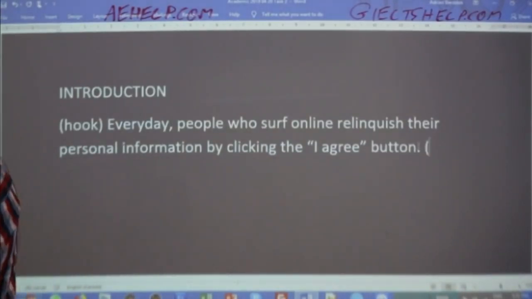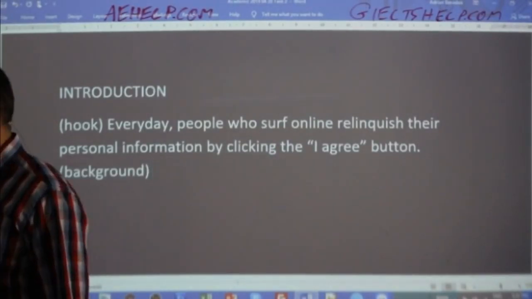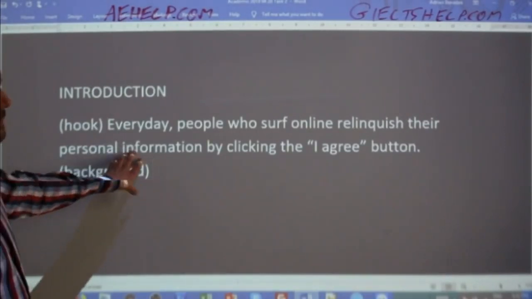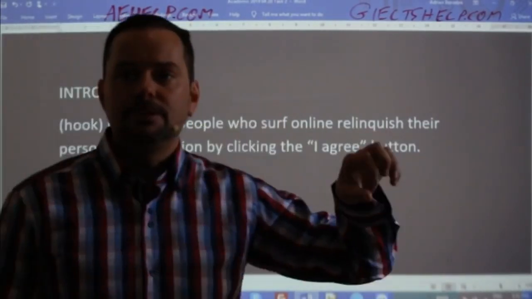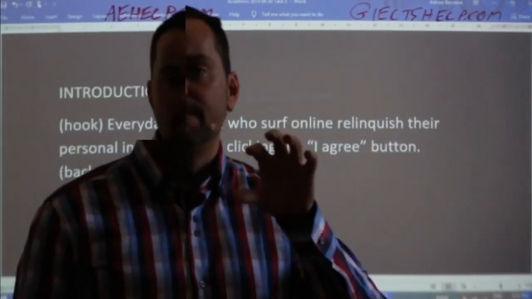After that, write the background. Again, remember, students, my goal here is to show you a band 9 example working through it in real time. Okay, so then we give the background. Background is the definition of our key terms and the importance of the question.